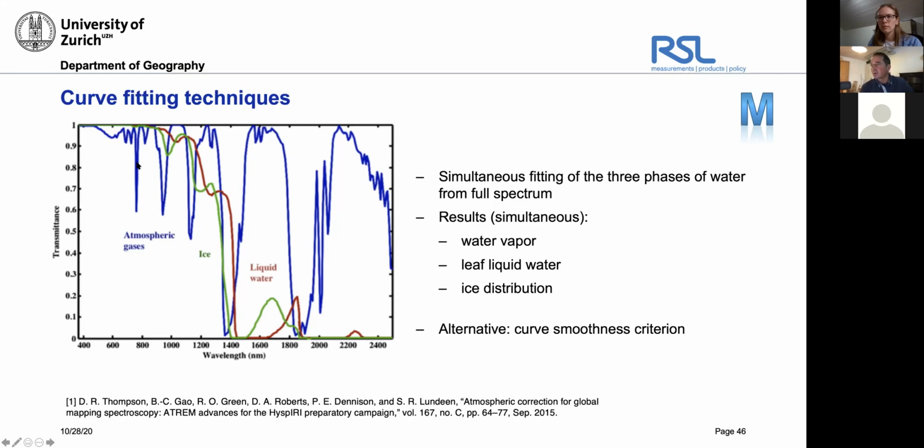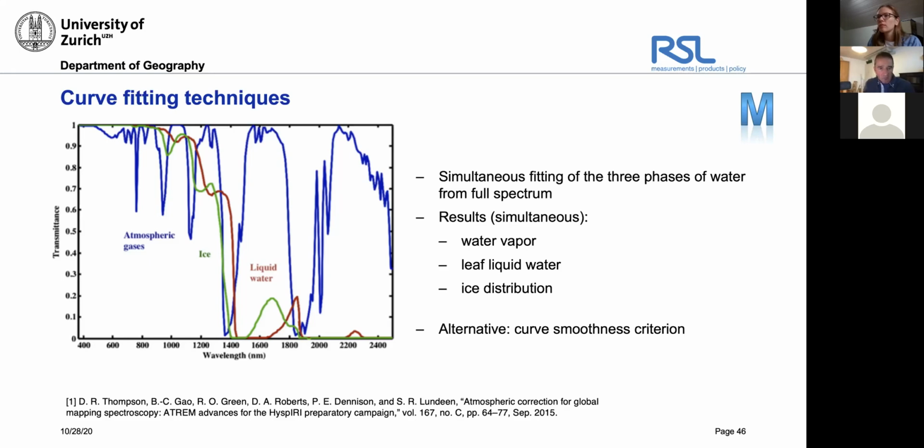There is another alternative, similar to curve fitting, where you use a smoothness indicator. So the smoothness criterion is something we're currently developing, and there were some earlier works on that. Instead of taking the absorption thickness, one starts modeling a few corrections just with variable water vapor, and searches the water vapor amount which renders the smoothest spectrum in the end.